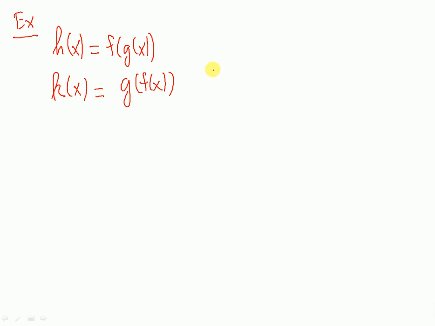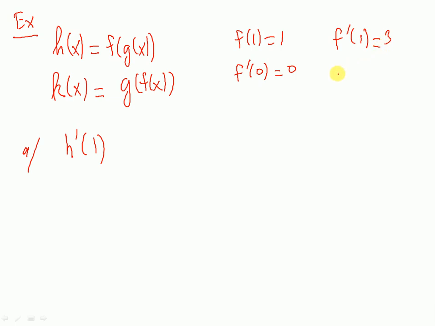Now, part A asks us to find h prime of 1, and they give us f of 1 equals 1, f prime of 0 equals 0, f prime of 1 equals 3, g of 1 equals 0, g prime of 1 equals 1. So h prime of 1 means we have to take the derivative of function h and then plug in the value of x equals 1.